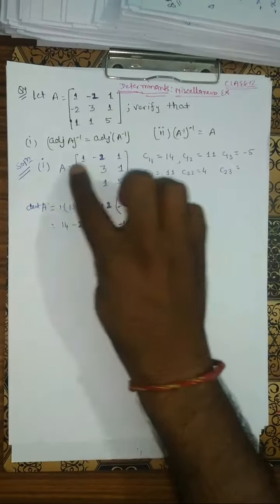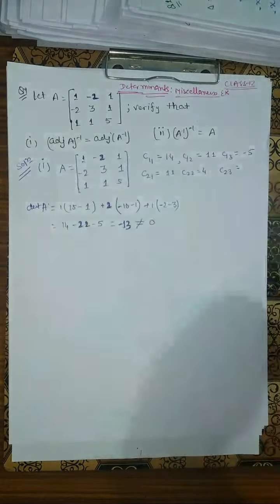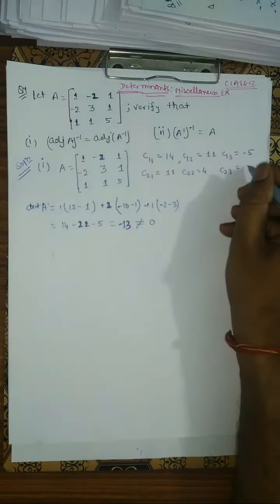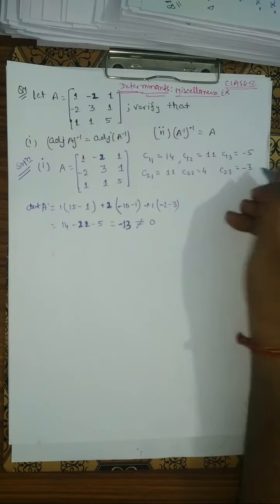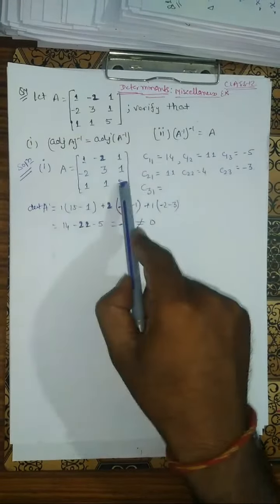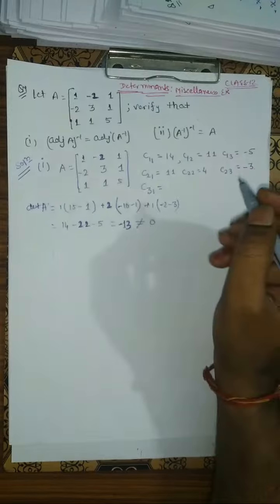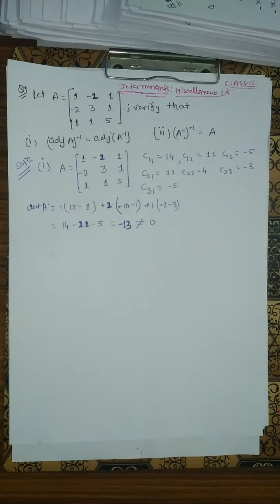For this element बच्चों, 1 into 1 minus minus 2, minus 1 plus 2 is 3. Then odd, that's why sign will be changed, is minus 3. Now for C31, for this element minus 2 and minus 3 is minus 5. Even, so no change, is minus 5.